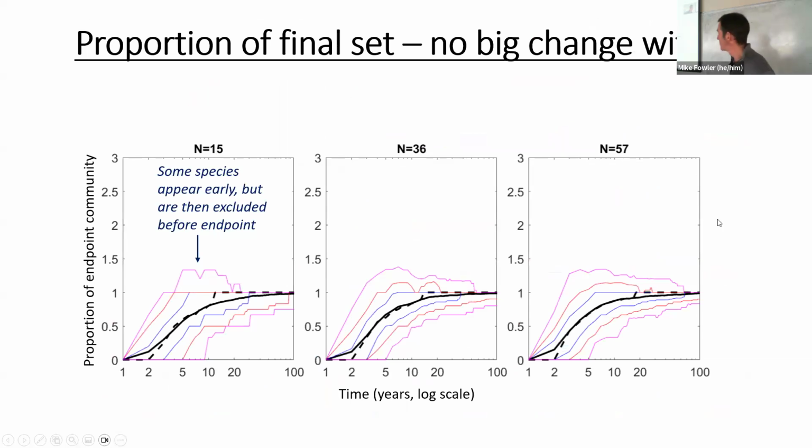We also noticed some interesting transient patterns, that we would get some species appearing in the first 10 or 20 years, or maybe even a bit longer, that were never going to be in the endpoint community. They would be there for some short period and then eventually disappear from the system. And then we'd end up close to our maximum final community size after 100 years or so.